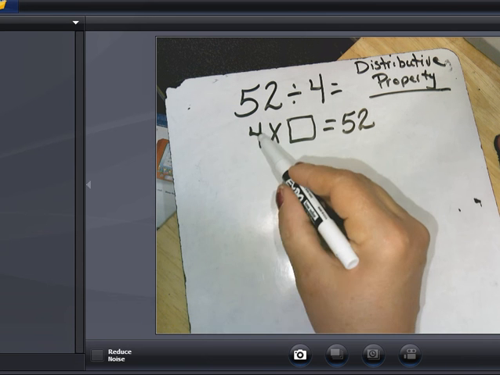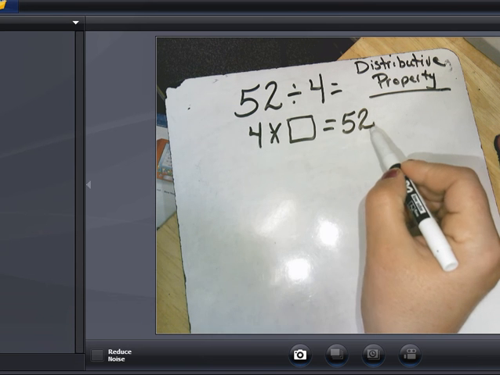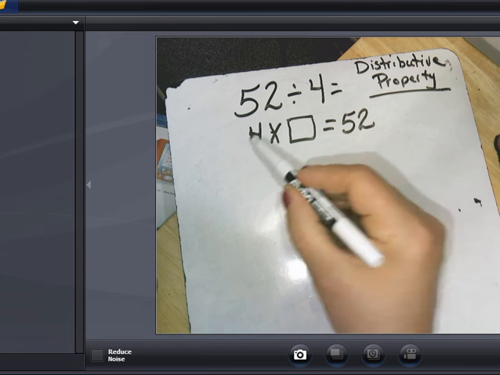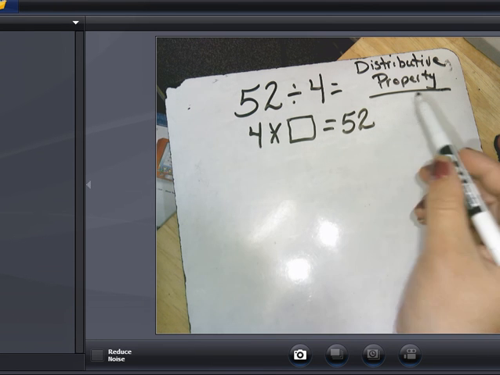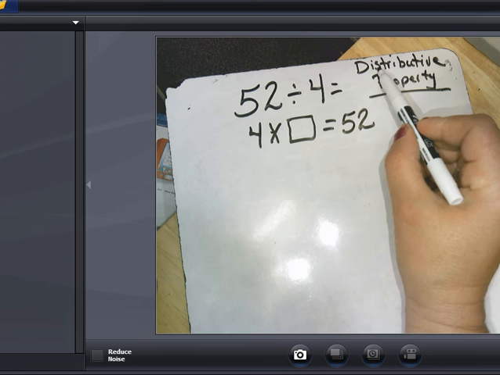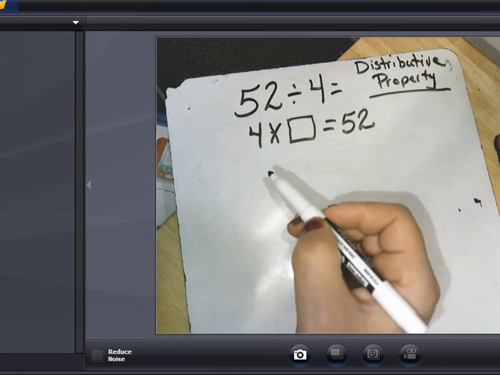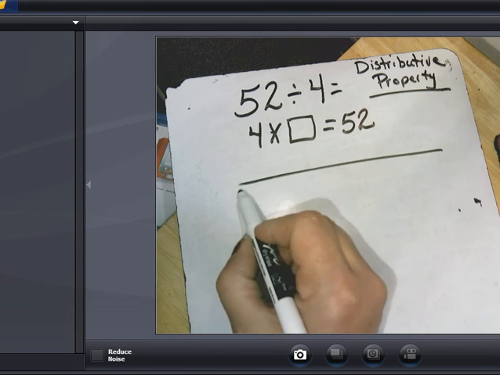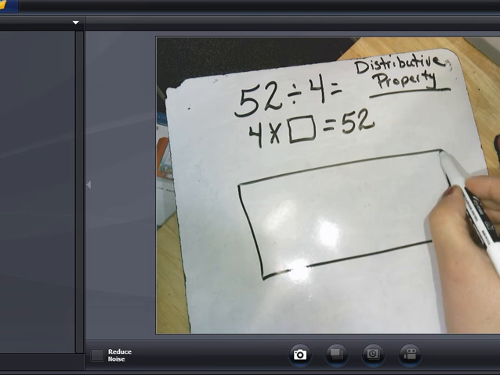So I'm going to think, 4 times what will get me to 52? Well, I really can't think of that to get it equally, so I'm going to use my distributive property to figure that out. I'm going to use an array to help me with this.